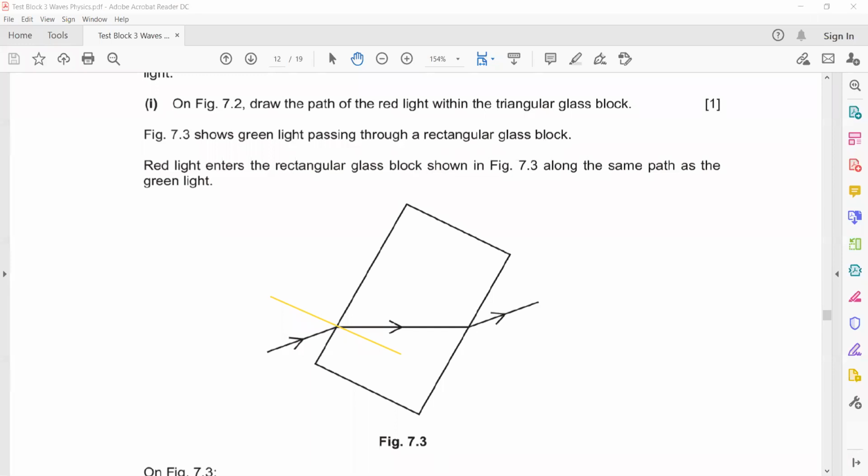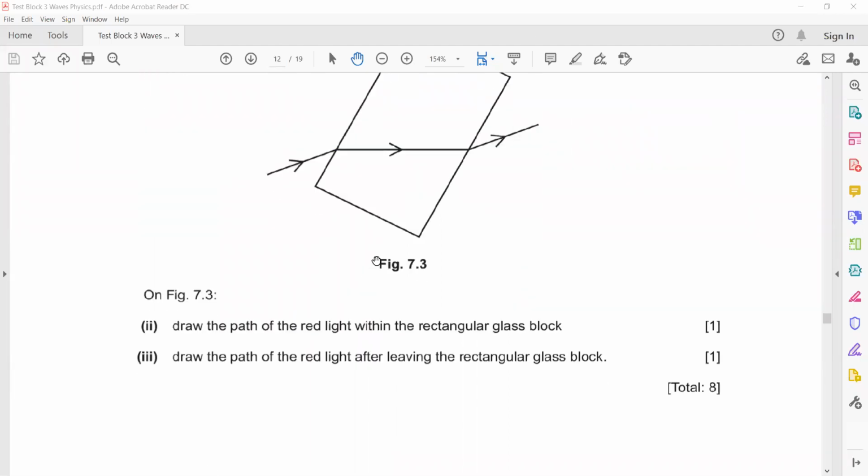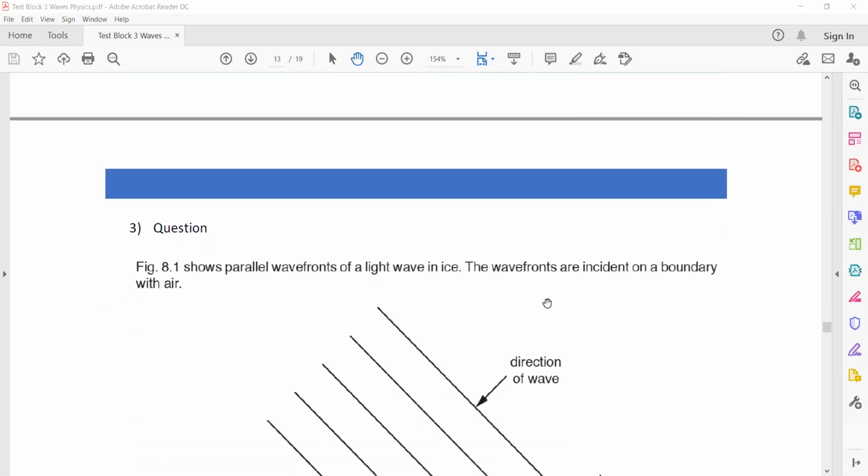The reason why I am drawing a normal is because I'm explaining the idea of what will happen when the ray is passing. That's why if you draw like this, that will be wrong. Why? Because it shows that red bends more than green, which is not correct. Draw the path of a red light within the rectangular block, and then draw the path of a red light after it leaves the rectangular block. That's also 1 mark.